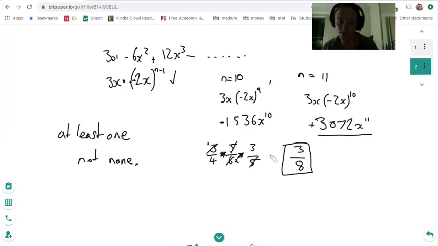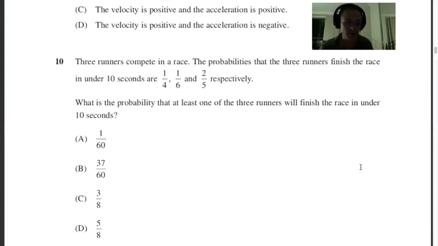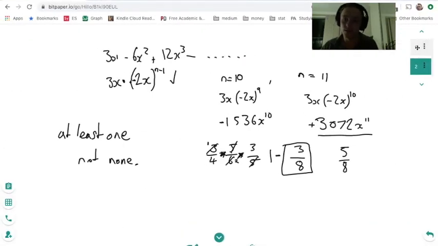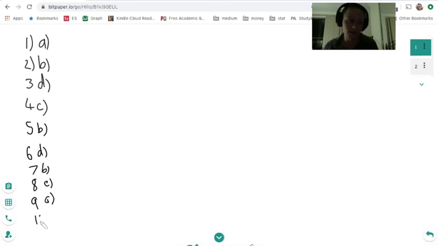So I'm going to just go 1 minus 3 over 8. And that will give me 5 over 8 as a probability. 5 over 8 is D. Question 10, D.